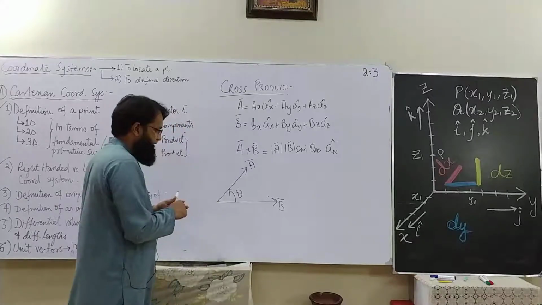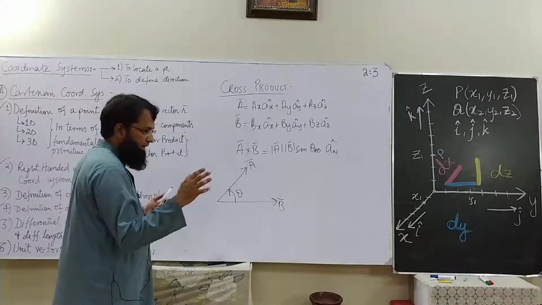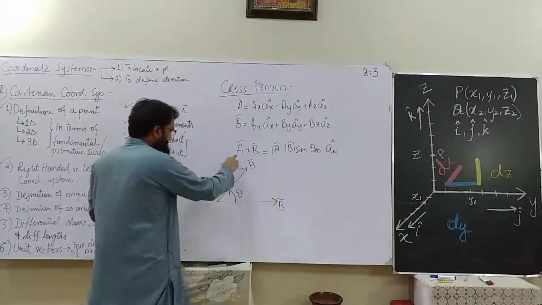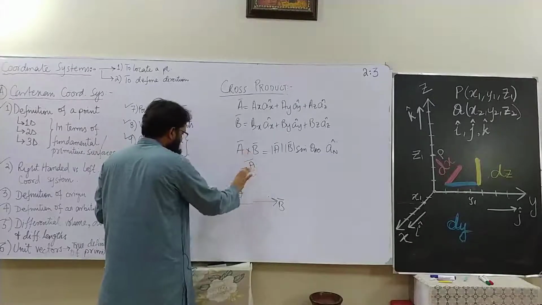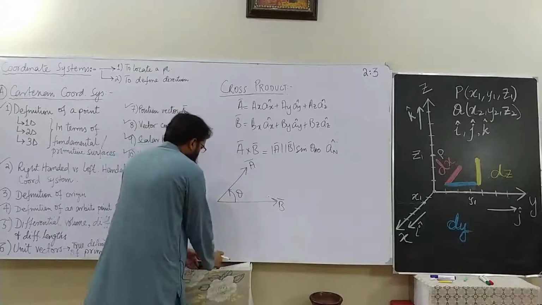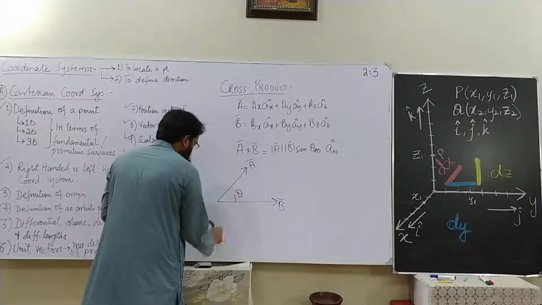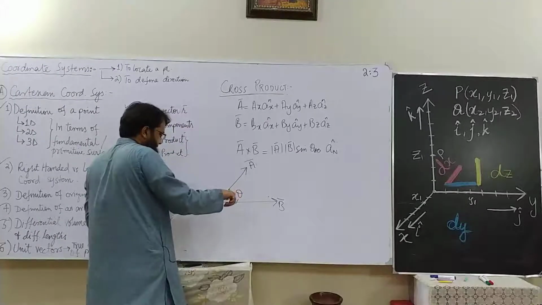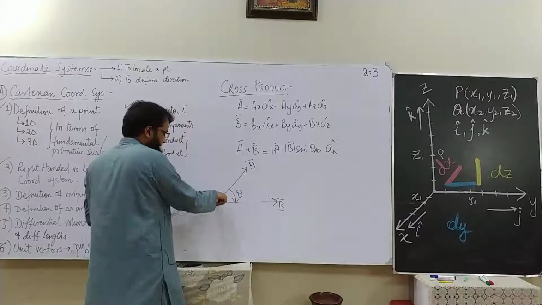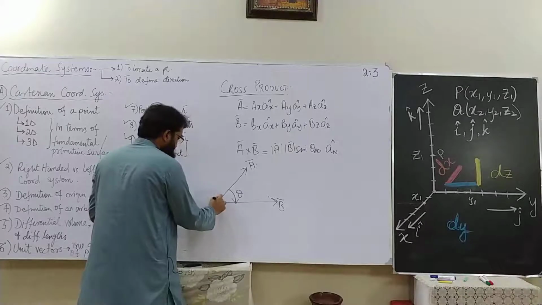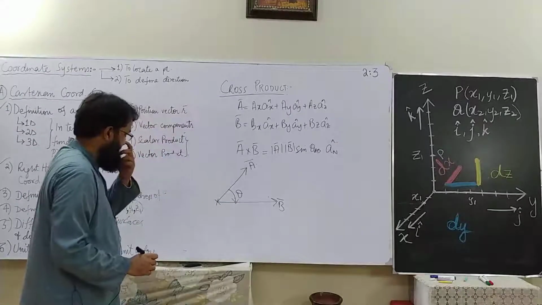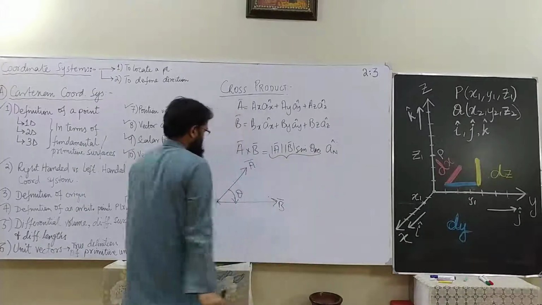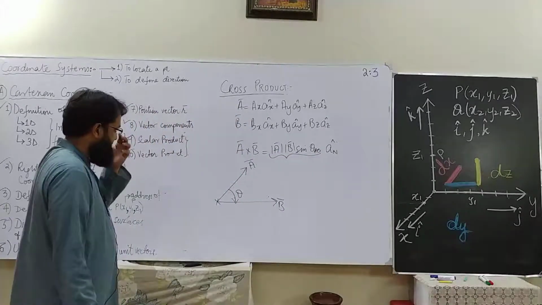The direction of the result is given by the right hand rule. If you are taking A cross B, meaning we are moving from A to B, in that case the thumb is going into the board, so the resultant is going into the board, and the magnitude of that resultant is given by this.